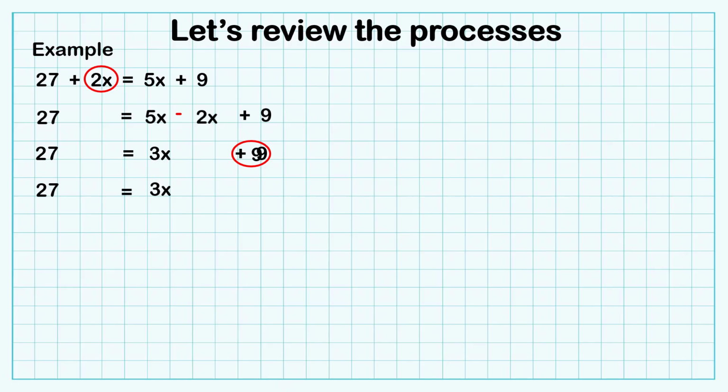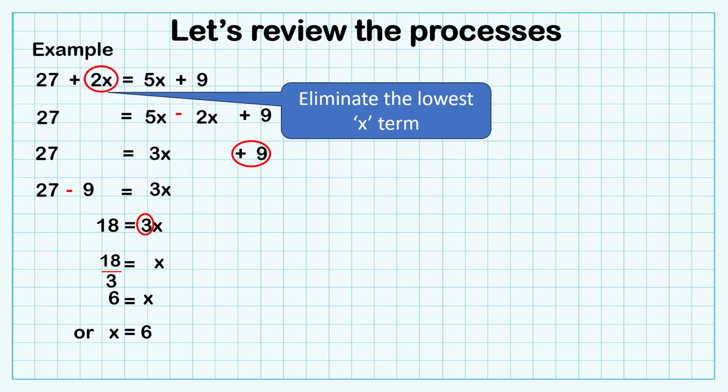What happens next is that we are going to get 27 minus 9 equals to 3x. We have to remove 3 as well, so x finally becomes on its own. So we have then 6 equals to x because you divide 18 by 3, you get 6 equals to x, and we have to put x on the left hand side, so we write x equals to 6.